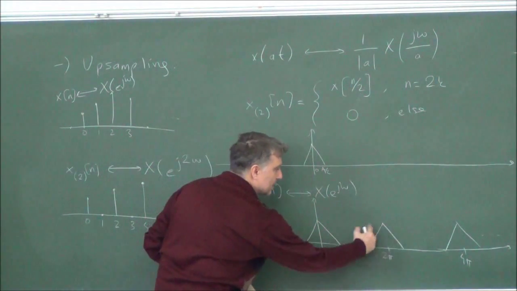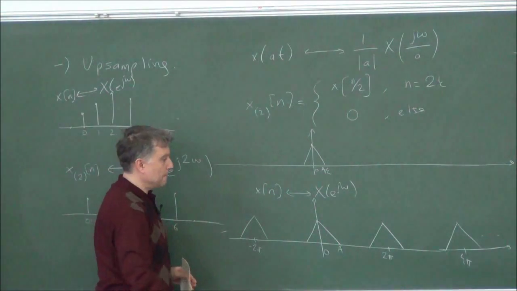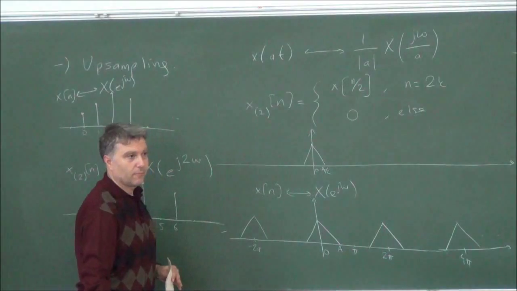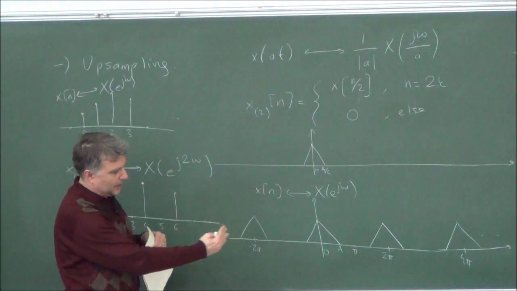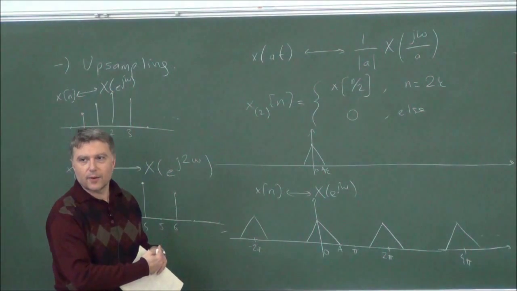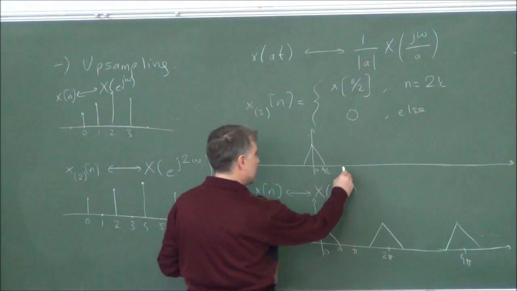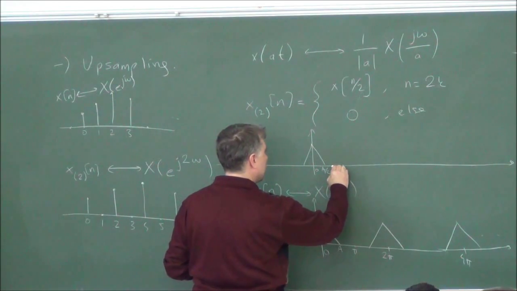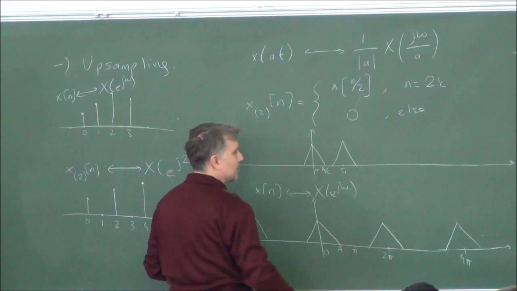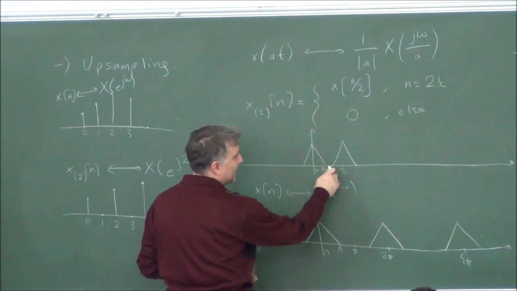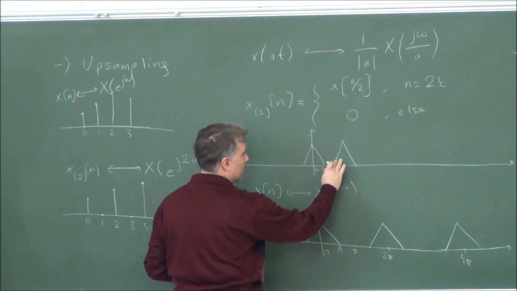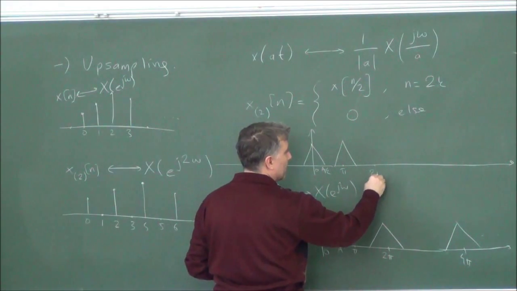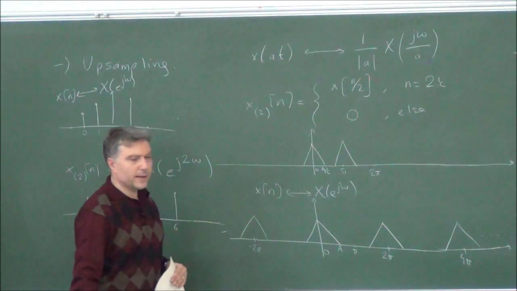What happens to this triangle? That triangle must come back to pi now. So around pi, I must have the replica of this, but narrower, of course. And then, do I have another triangle at 2 pi?